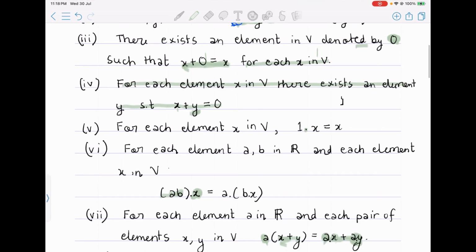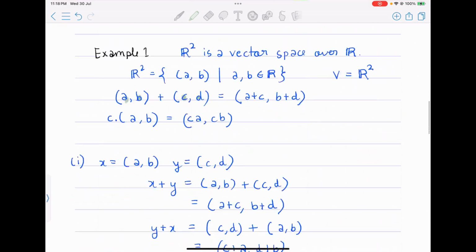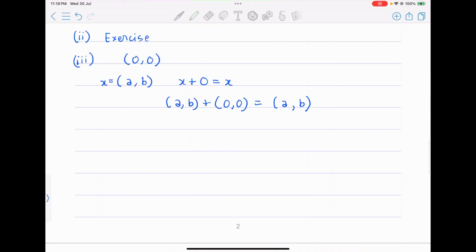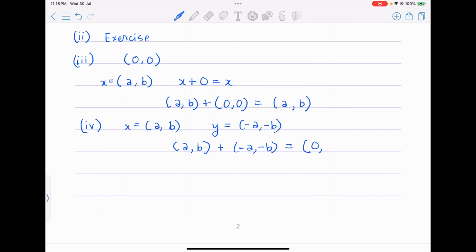Now we also need to verify the fourth: for x, we need to find a y such that x plus y is equal to 0. So in this case, x is equal to (a, b), my y will be (minus a, minus b). See, (a, b) plus (minus a, minus b) is equal to (0, 0).